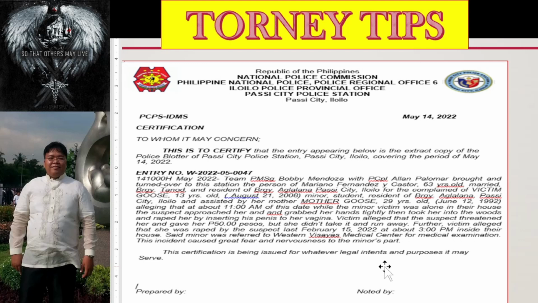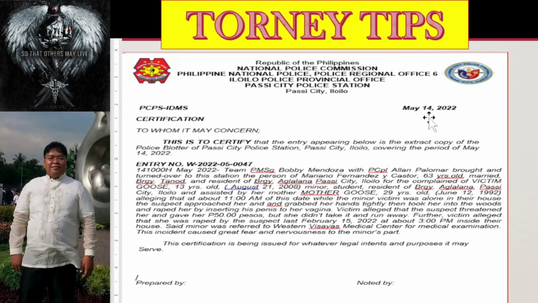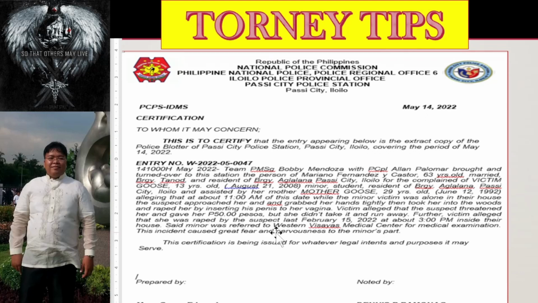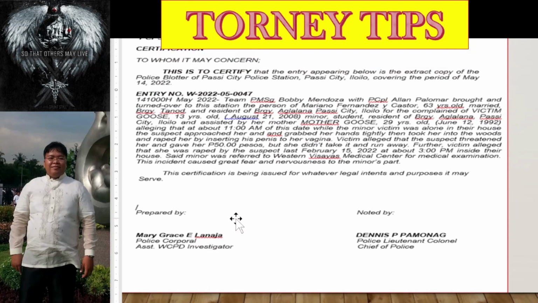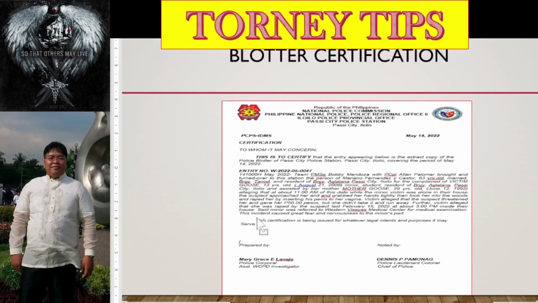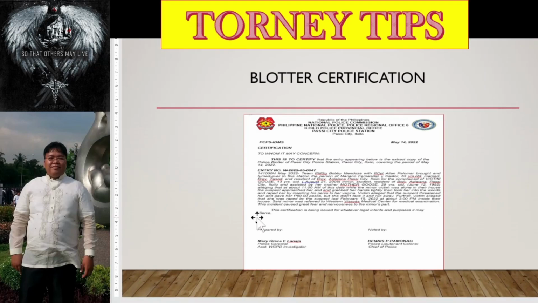Okay, so that's it. It should always include the date and the time, the entry number, and the one who prepared it, just sign it. And aside from the blotter certification, you should also include other documents which will prove the elements of your case.